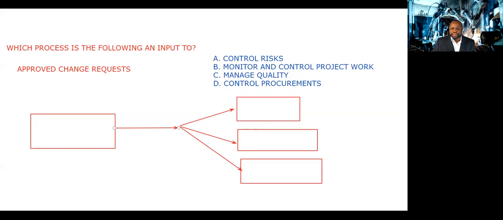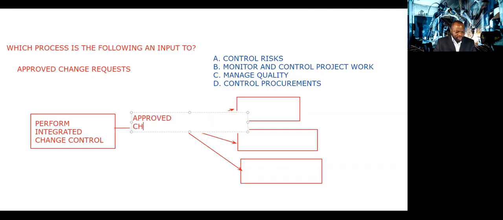So this is the relationship. Perform integrated change control gives you an output known as approved change requests.